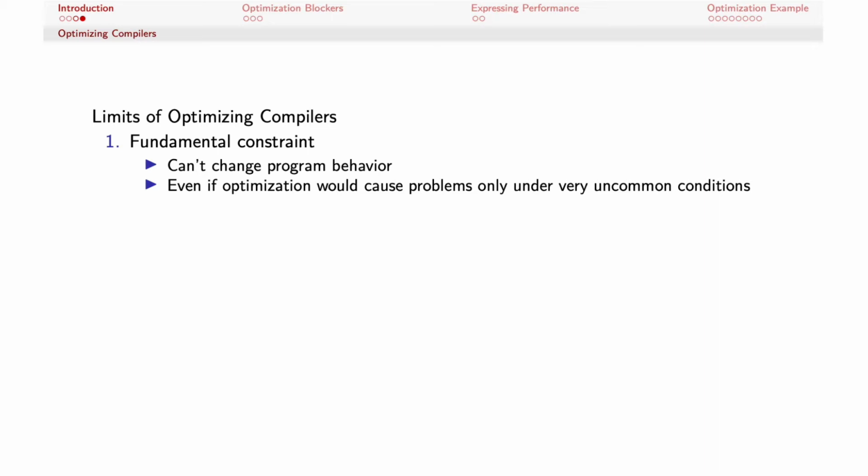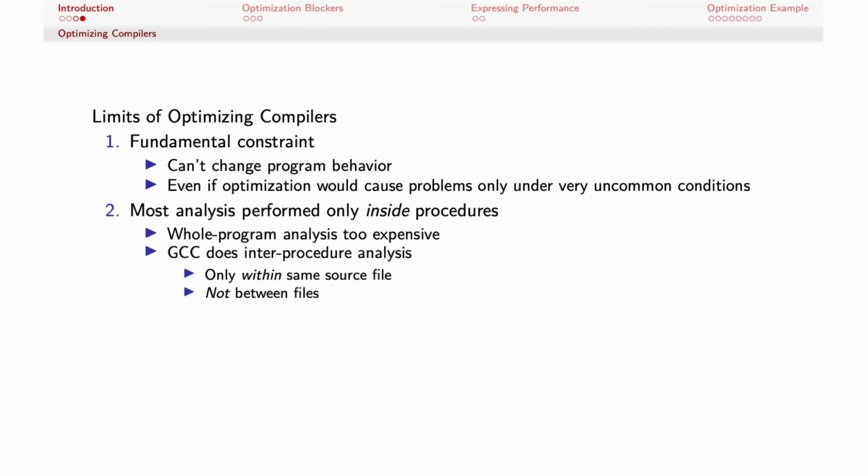And this is going to be true even if the optimization that the compiler could choose to do would cause problems only under very, very rare conditions. The compiler is going to be very careful to generate code that will work in every single possible case of input or control flow or anything like that in order to avoid changing the way the algorithm is operating.